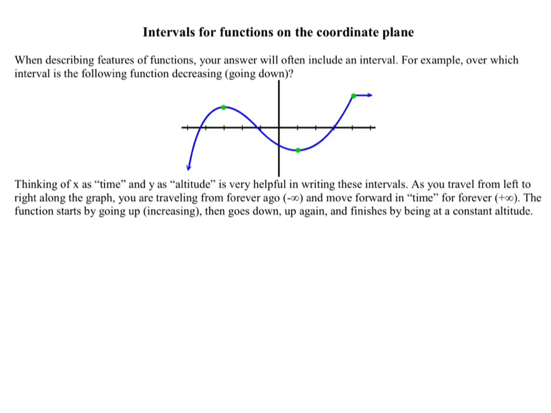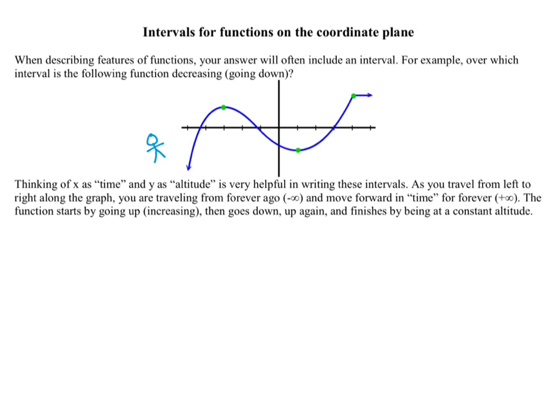And to write down the interval over which things are happening, you're always going to travel from left to right. So if you imagine you're a little guy going on a hike, from left to right, sometimes you're going up, sometimes you're going down, sometimes it's staying constant. Those different features tell you different things about the graph.